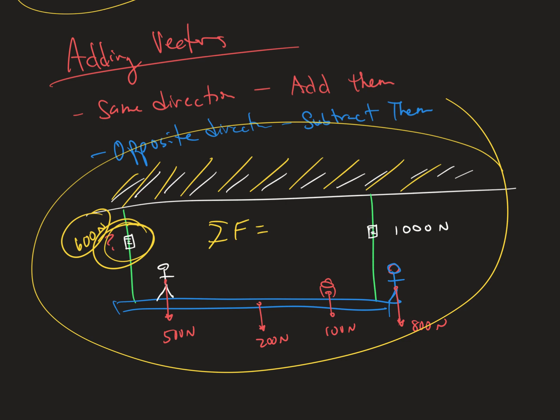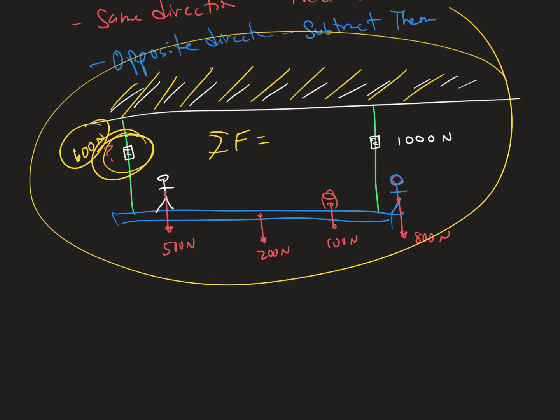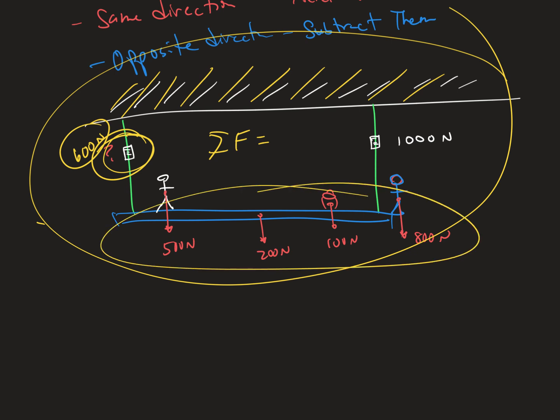Okay. So we know how to add vectors, right? Which one should we add first? All these guys. Why all these guys? They're in the same direction. If they're in the same direction, how do we add them? We just add them up.